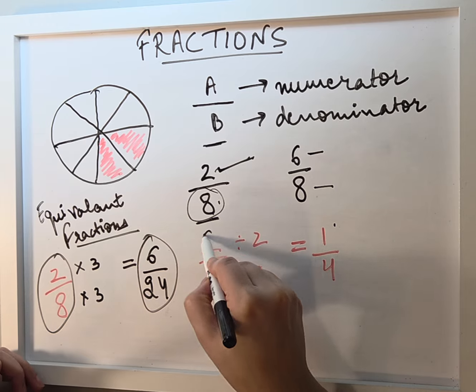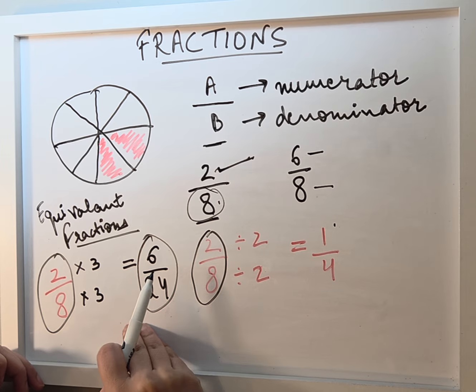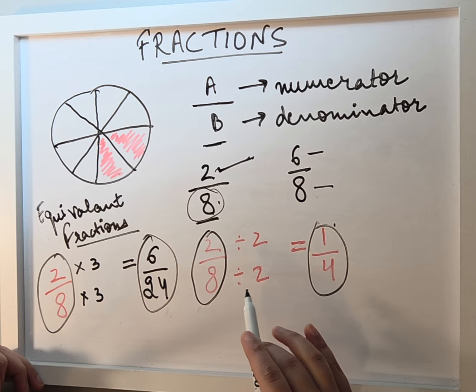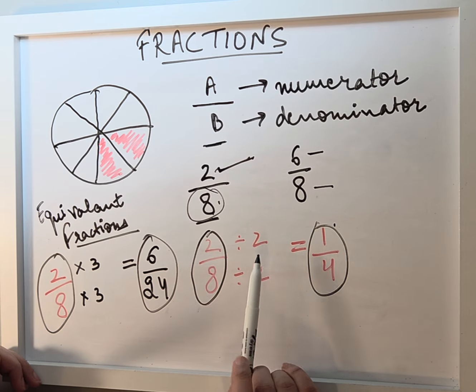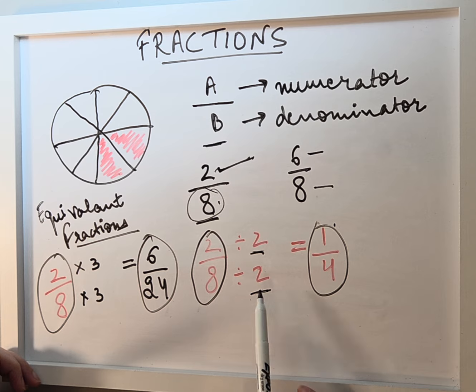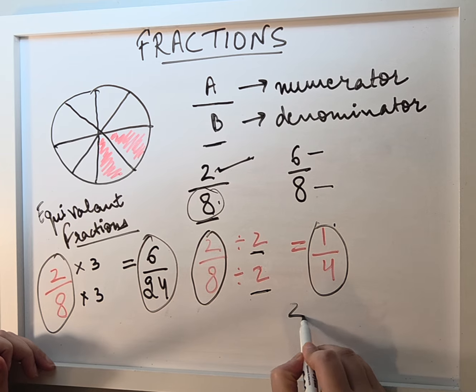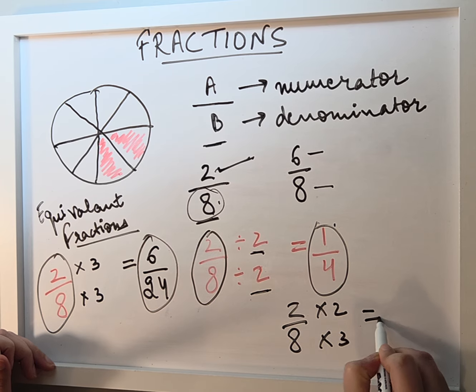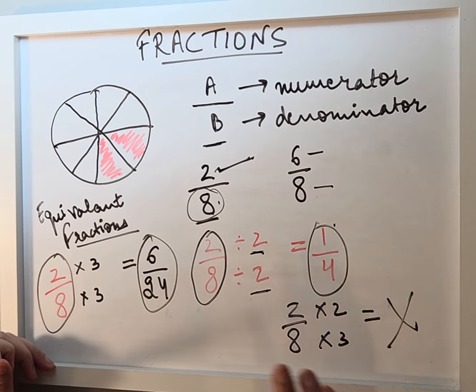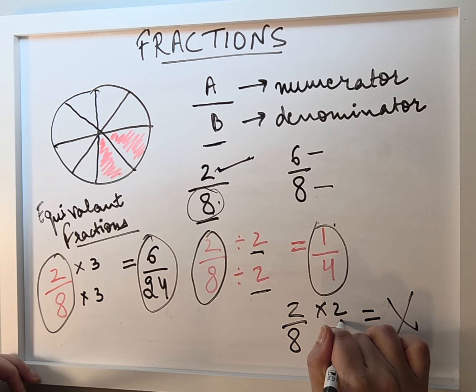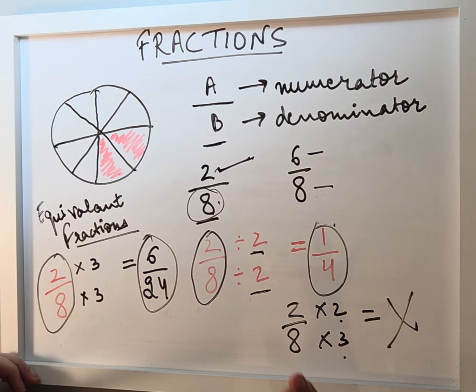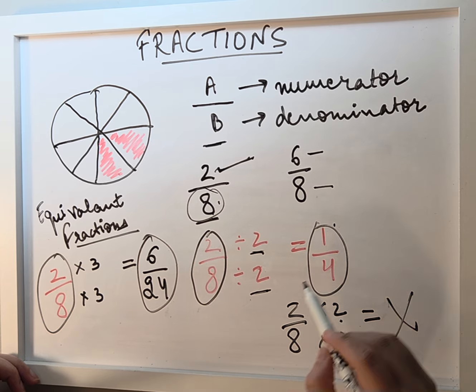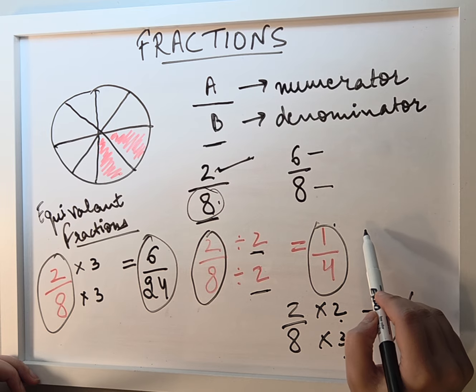So we can either multiply or divide it, but please make sure that it is by the same number. It's not that we do 2 by 8 and this is multiplied by 2 and this is multiplied by 3. That will not give us an equivalent fraction. Both the numerator and the denominator should be multiplied or divided by the same number, and always keep the order.